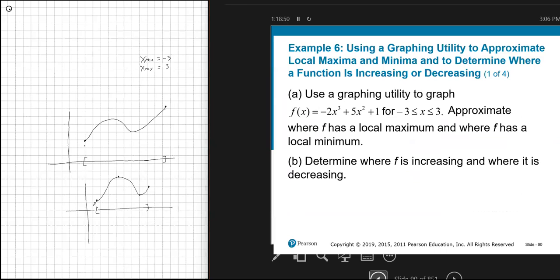The third power plus 5x squared plus 1. Kablooey. And then I end up with the same graph they have there.